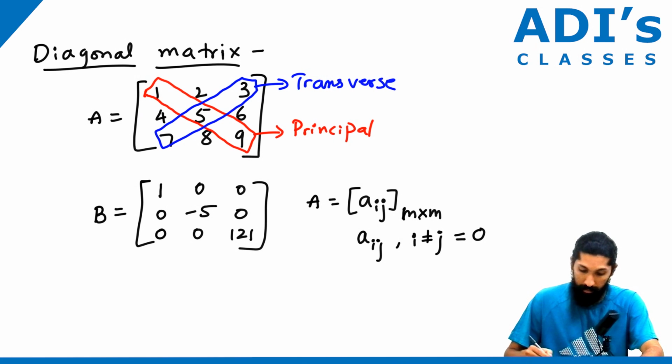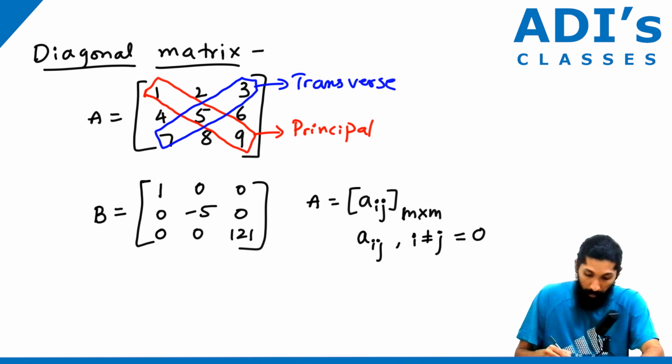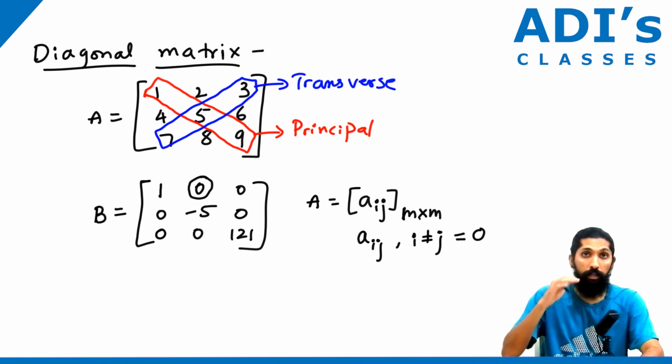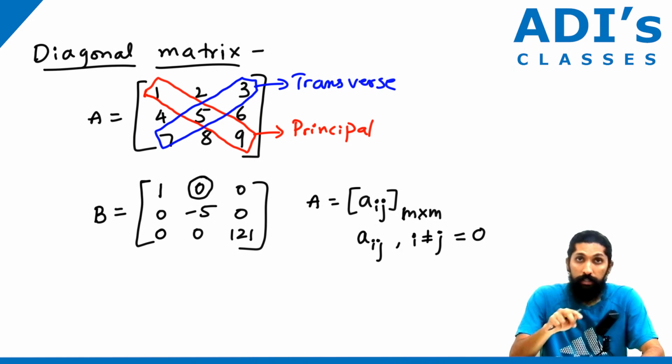In the sense, look at the matrix given here. If I take this value, it's a 0. It is first row, second column, correct?